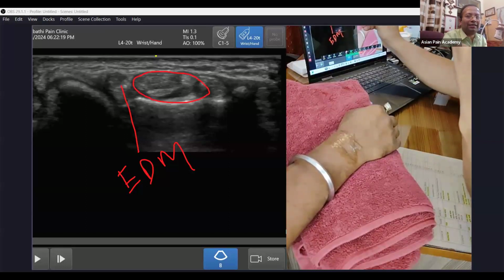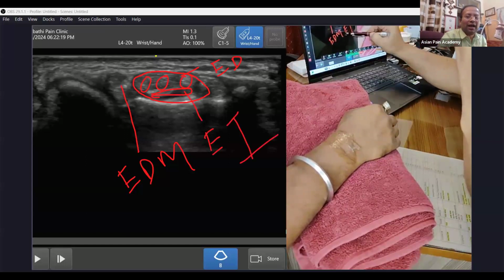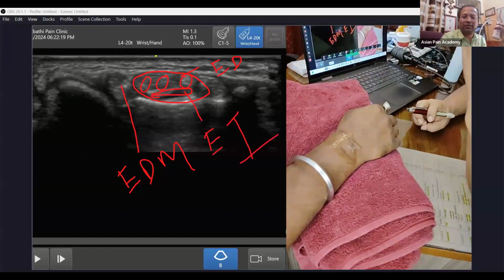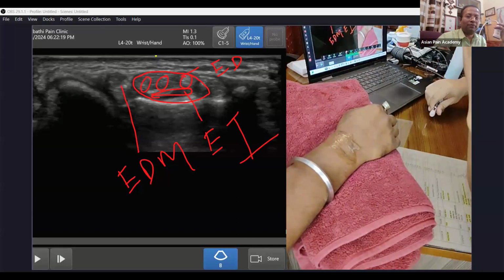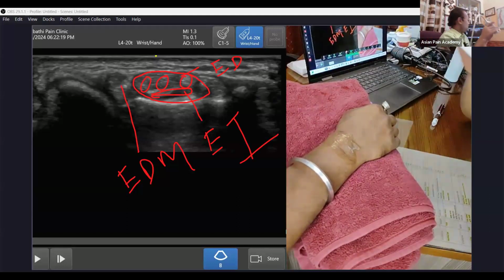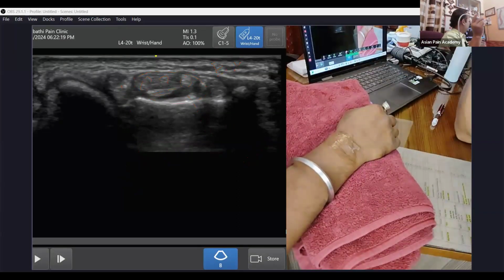One is extensor digitorum with multiple slips. And another tendon is here, which is called extensor indicis. I think you remember extensor digitorum comes from above the elbow, whereas extensor indicis comes from the forearm. Okay, so these are the tendons of compartment number 4 and 5.